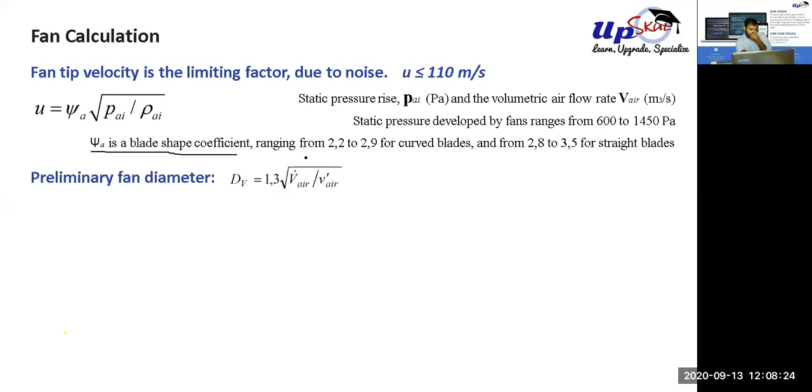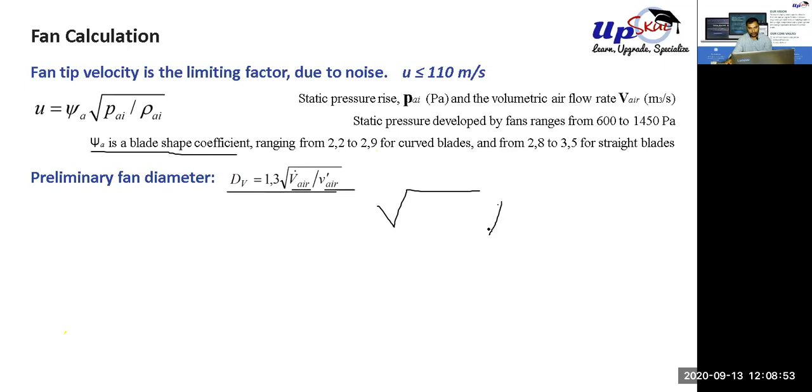So we can find out our preliminary fan diameter from this. Ignore the equation. What it is basically doing is volume of air divided by velocity of air. So it actually gives us the frontal area, and by taking the root, we get the diameter.